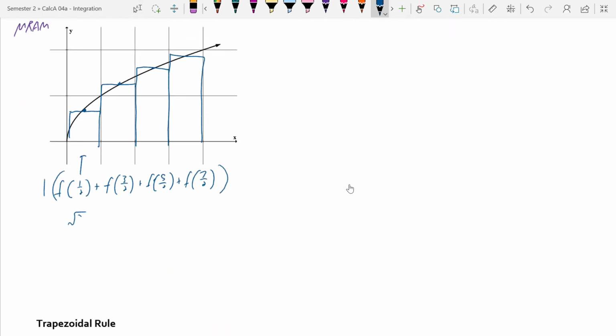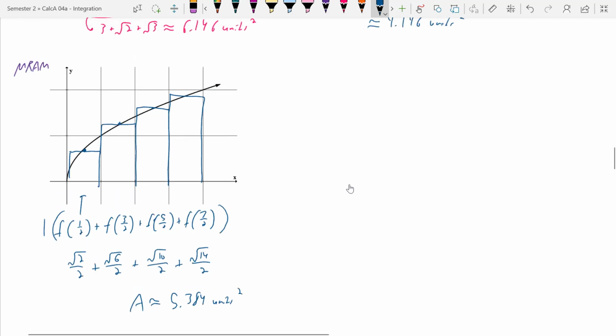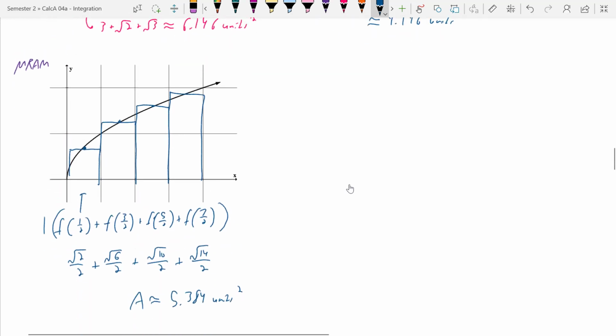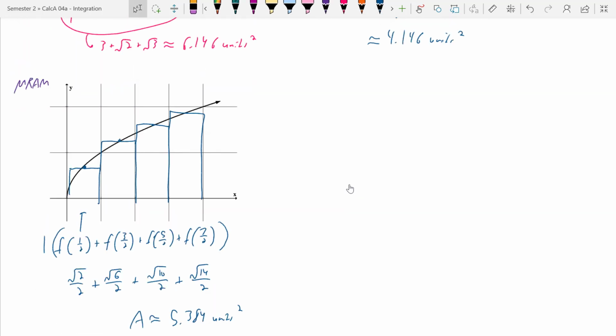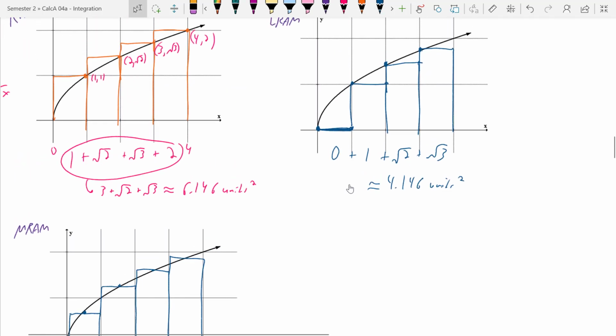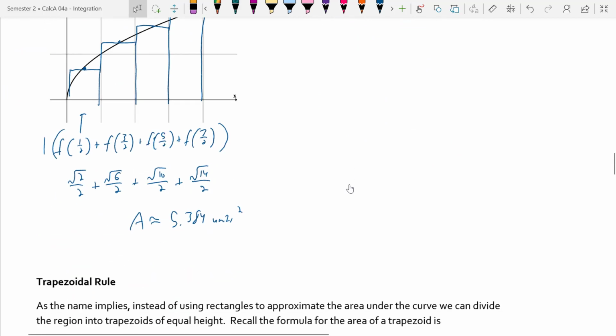So the square root of 1/2 is root 2 over 2, plus square root of 3/2 is root 3 over root 2, which is actually the same as root 6 over 2, then root 10 over 2, then root 14 over 2. And if I add up all those, I get an area that is about 5.384 units squared. So if you kind of look at how it's happening, this makes sense. You would agree that MRAM is the closest of all of these, given these curves, but it's still not going to be the exact area.